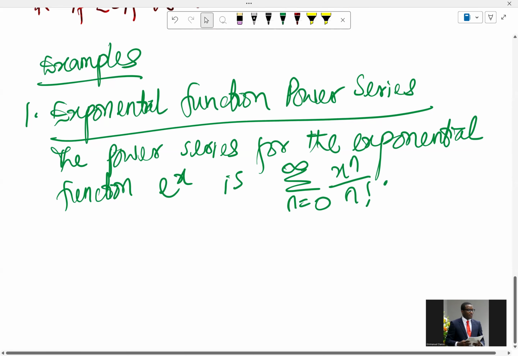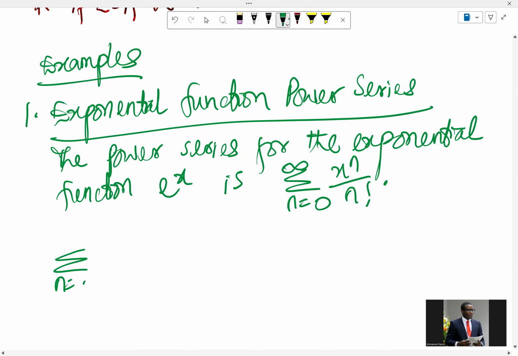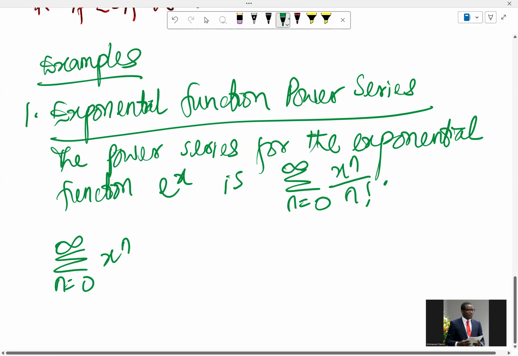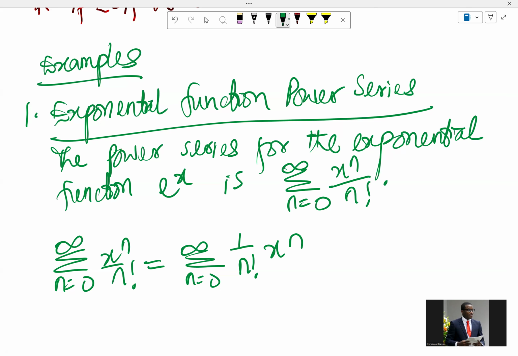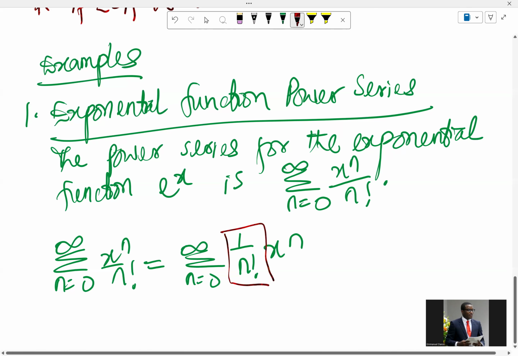Now if you write that out, you have summation from n equals 0 to infinity of x raised to power n over n factorial. You can rewrite that by removing the coefficient, which is 1 over n factorial, and then you have x raised to power n. Of course, here the center would be 0, because this is like (x minus 0) raised to power n. So here you can see this is the coefficient.